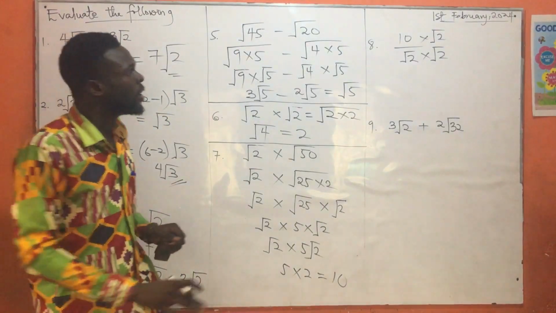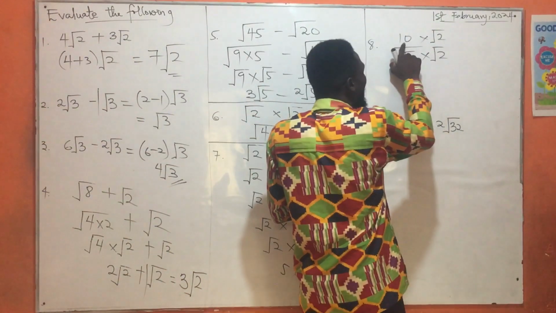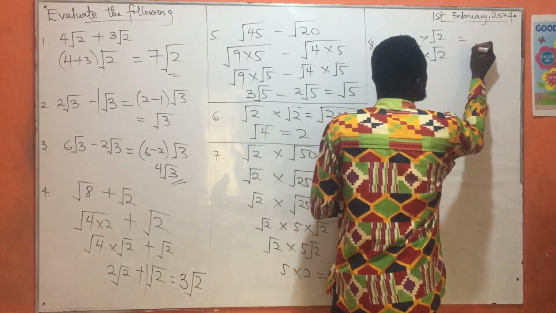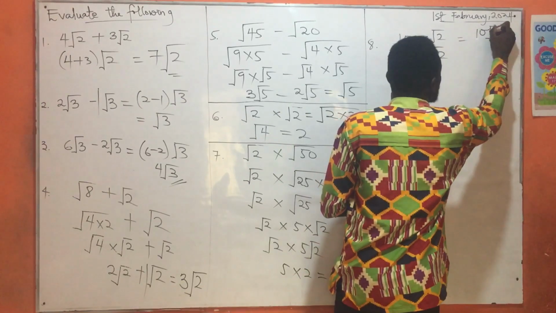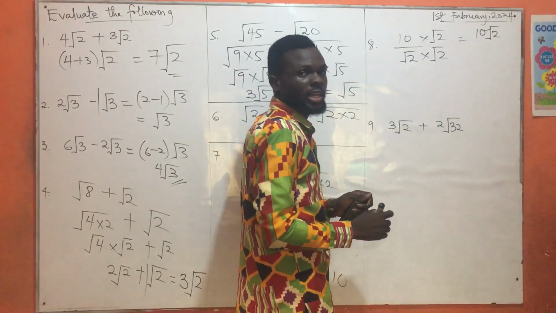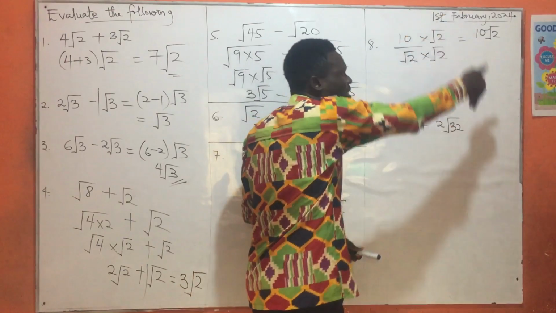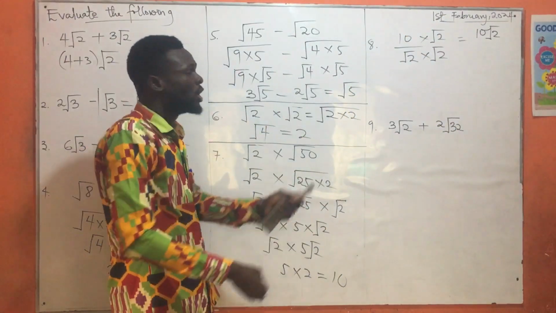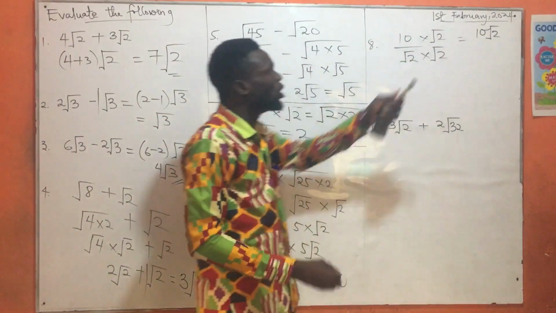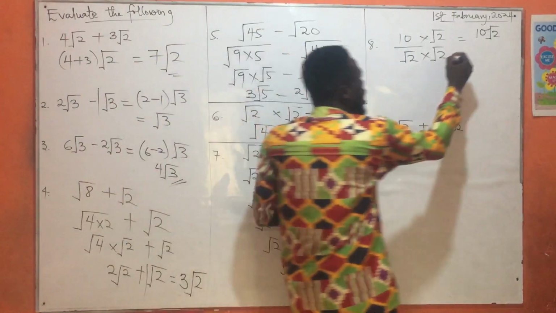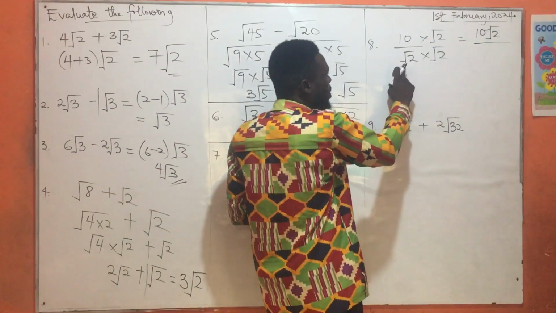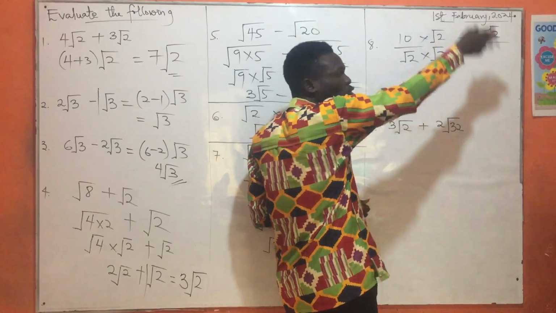So what do we do? We are just going to multiply 10 times surd 2, which will give you 10 surd 2. A number times a surd will give you the number surd. All over, now, surd 2 times surd 2.